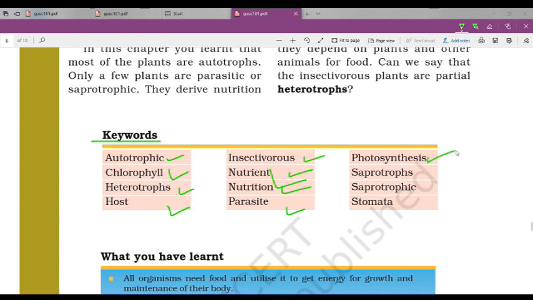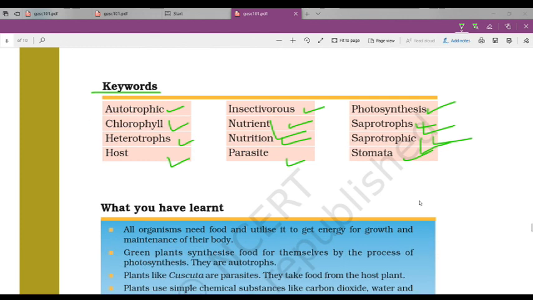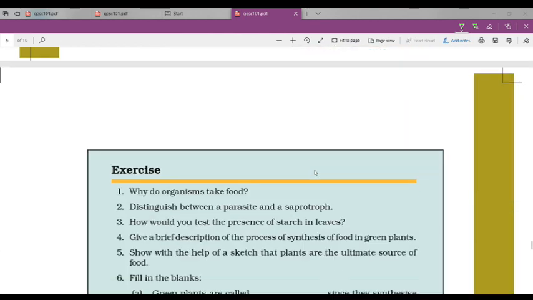Then photosynthesis, important terms: saprotrophs and saprotrophic. Saprotrophs are organisms and saprotrophic is the method. Then stomata. These are the keywords.